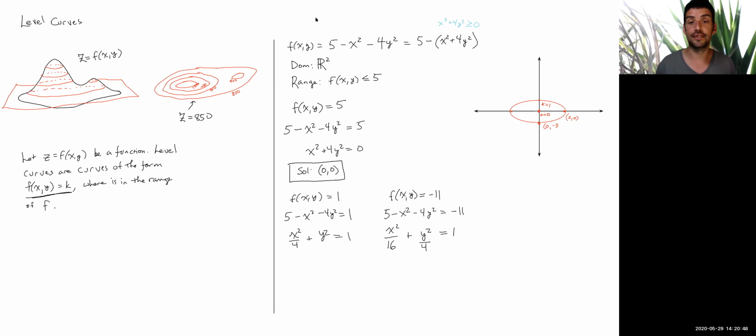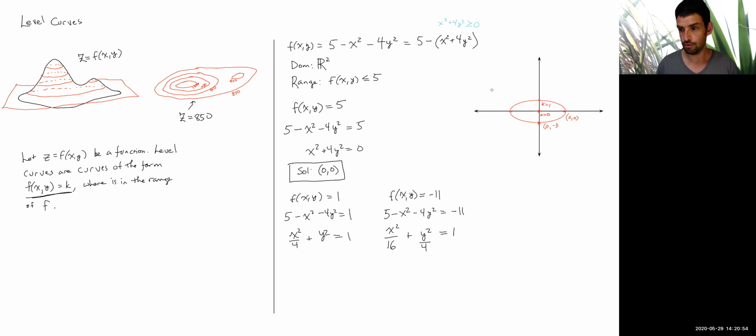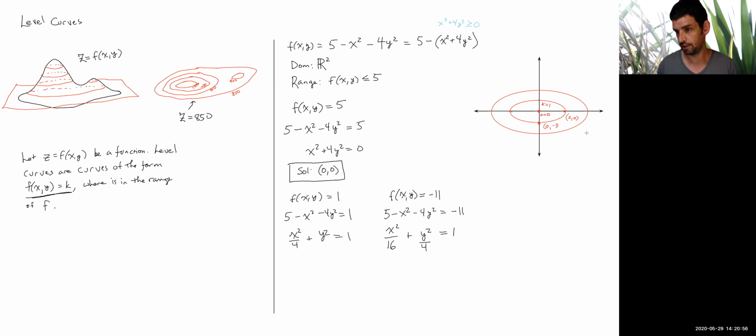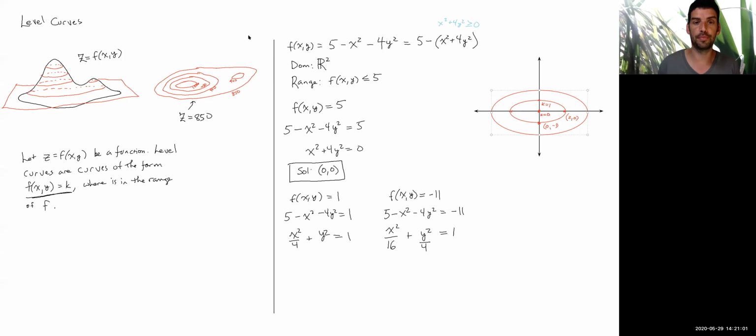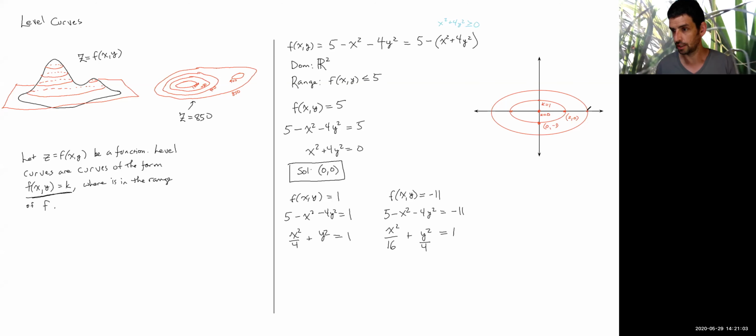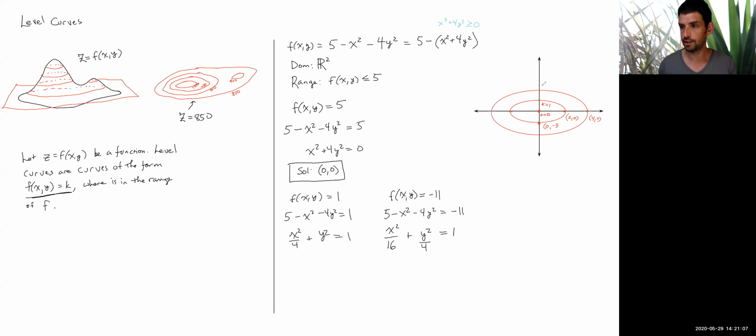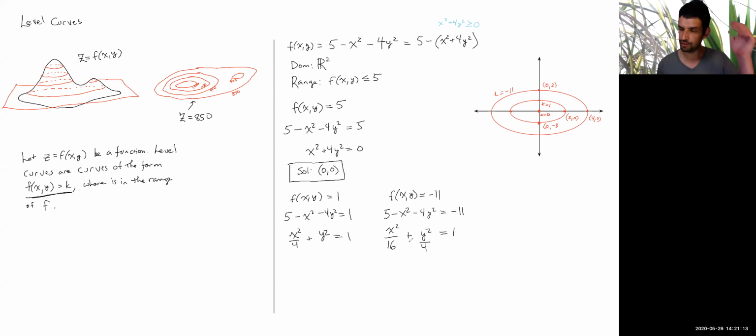But in any event, that is still an ellipse, and we can graph that. And so, let's see, something like this, right? And this one's going through the points 4, 0 and 0, 2. This is for k equals -11, right?